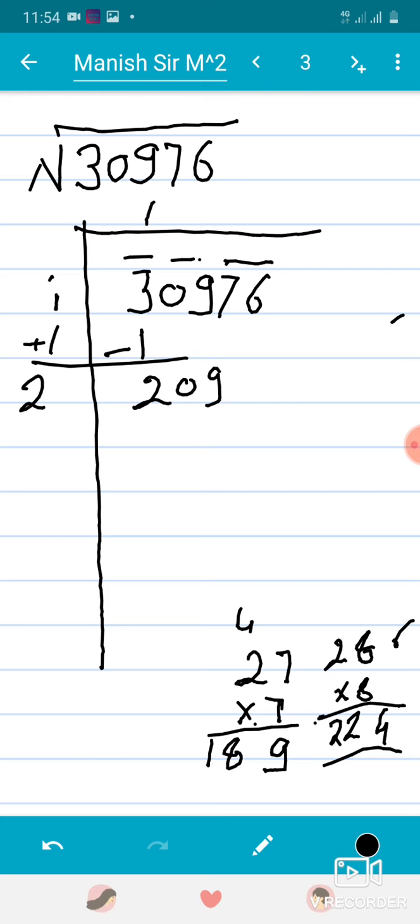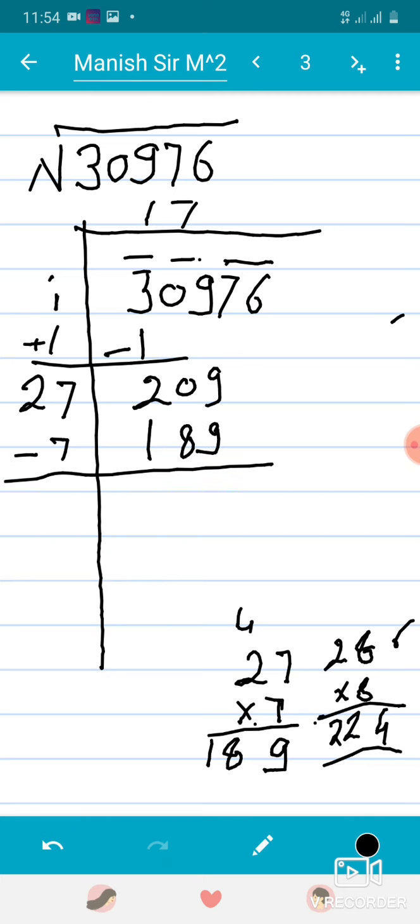It means the division will go with 7. And we put here 7 and 7 also. 27 into 7 is equal to 189. On the left side we add and on the right side we subtract. 209 minus 189 is 20.